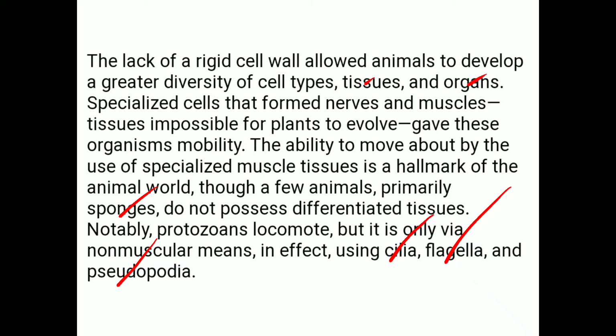The paramecium can move with the help of the cilia. Flagella we can observe in euglena. The euglena has a long thread-like structure, and the organism can move with the help of the flagella. It acts like a locomotory organ.